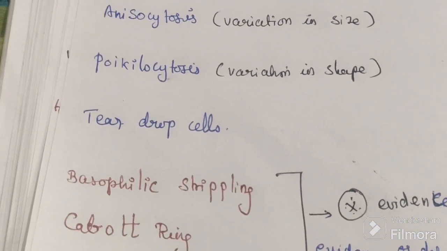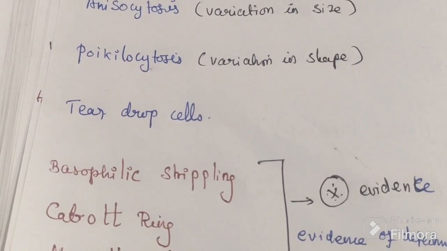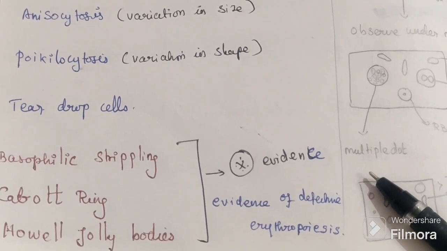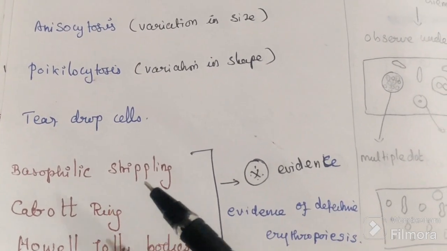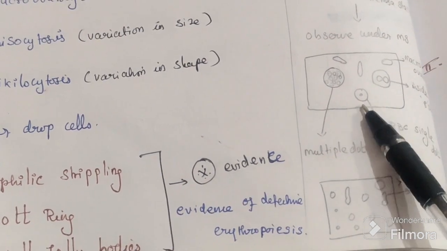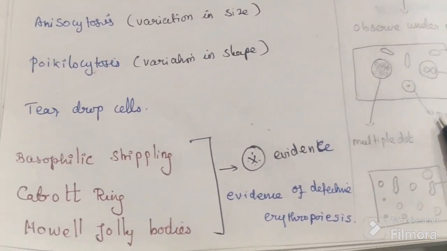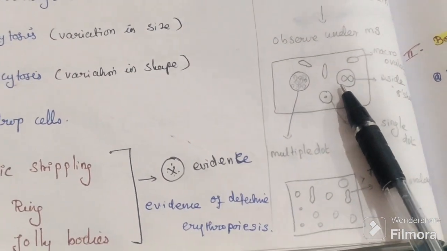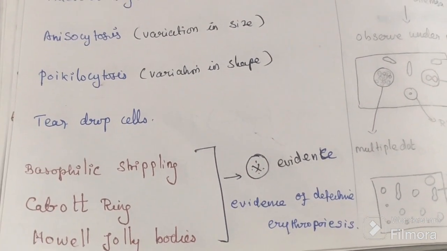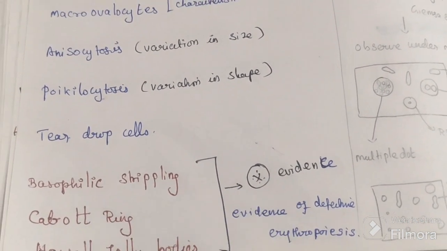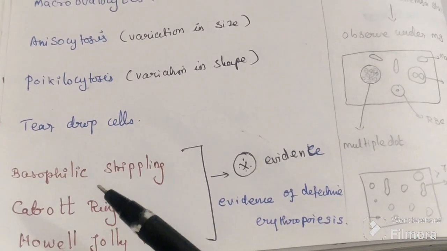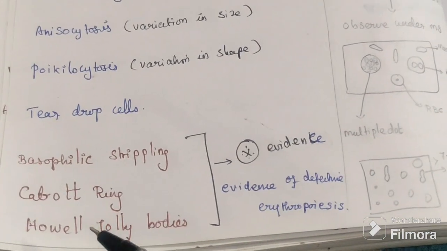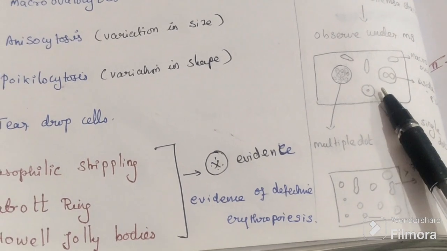Then one more important thing, three important pieces of evidence. Multiple dots presented means basophilic stippling. Only one dot, a single dot presented in the RBC, means Cabot ring. Then a number 8 shape inside means Howell-Jolly bodies. So these are the three important pieces of evidence: basophilic stippling, multiple dots; Cabot ring, single dot; Howell-Jolly bodies, number 8 inside.